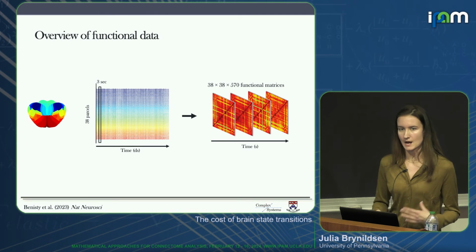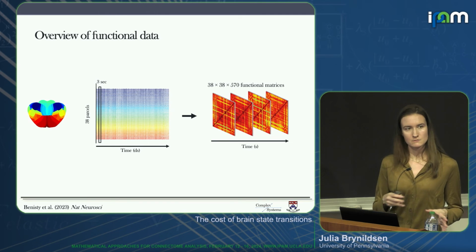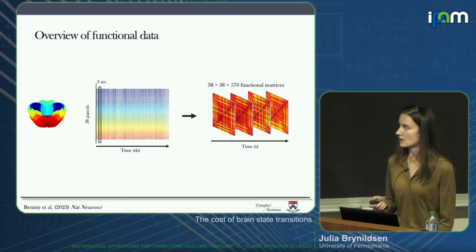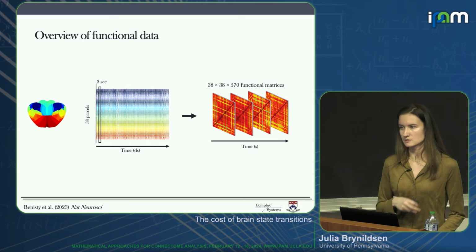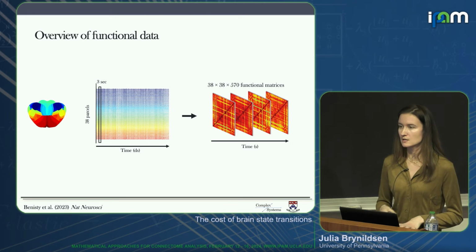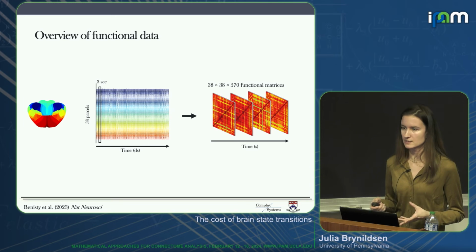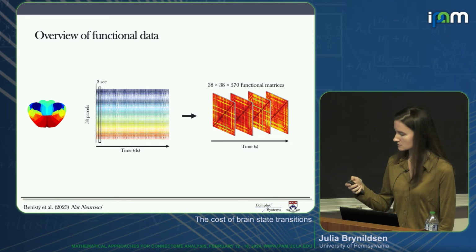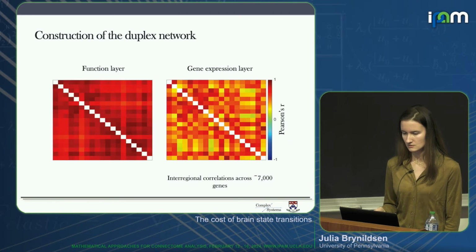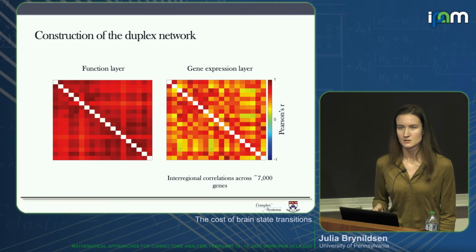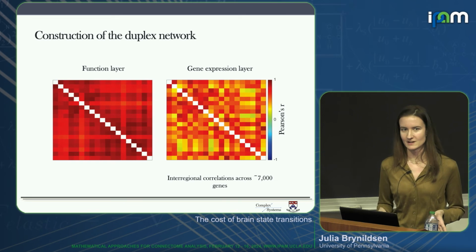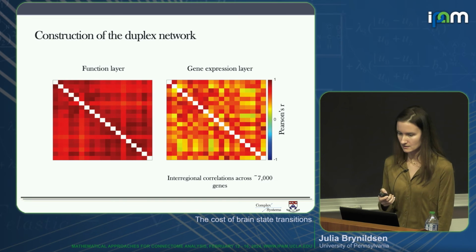And in order to try and capture dynamic changes in functional relations between regions over time, I used a sliding window to compute functional connectivity matrices that each represent about 3 seconds worth of data, or about 30 time points. So each one of these functional matrices then can serve as the functional layer in our duplex network.